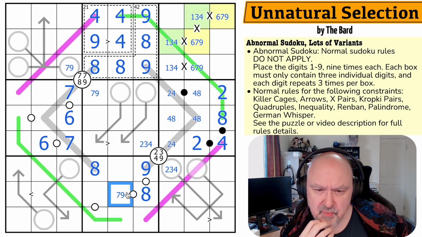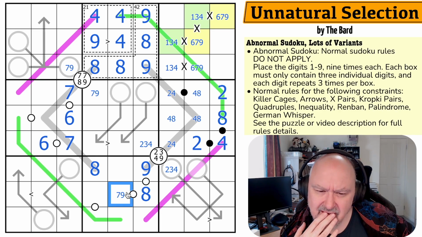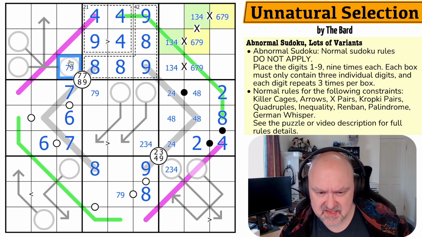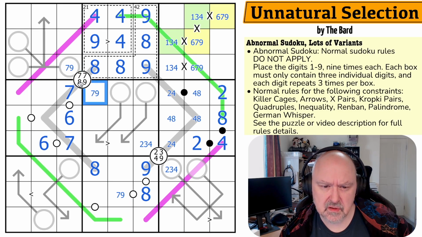I've got 2 boxes that have 4s in them. Huh. This must have a 7 or a 9 in it. And this must have a 7 or a 9 in it. Whichever... yeah, one of these must be a 9.